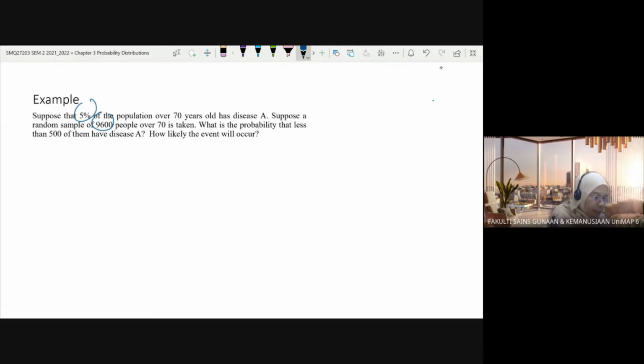Before we can find the distribution, what is the defined random variable for this particular case?